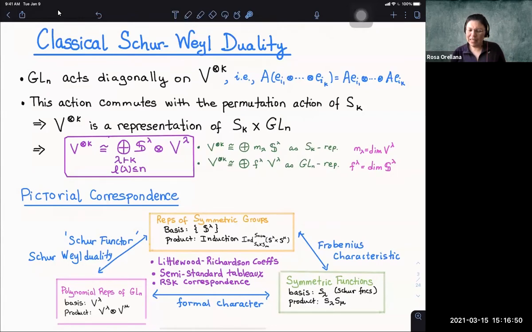What RSK is doing is creating a basis for this, telling you how this is decomposed, because for every tensor word, every basis element, it creates a pair of objects. Those are precisely the basis elements in this decomposition. So RSK allows you to do this decomposition.